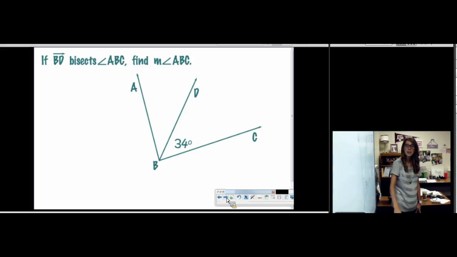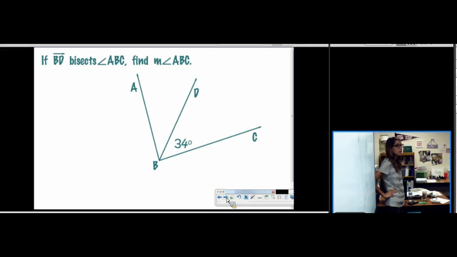Okay. Now you get to actually solve problems. Go. Solve it. You can draw the picture if that helps. Don't need a calculator for that one. Very good, Seth. First one. Bisect means cut in half.